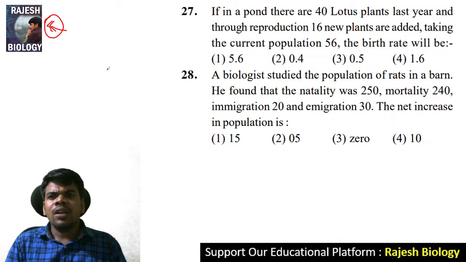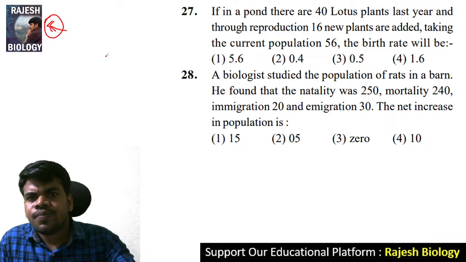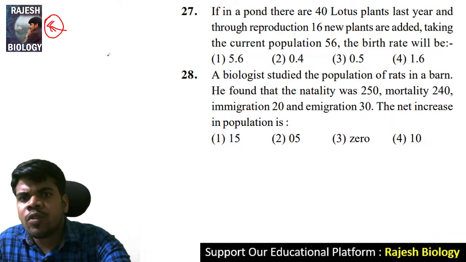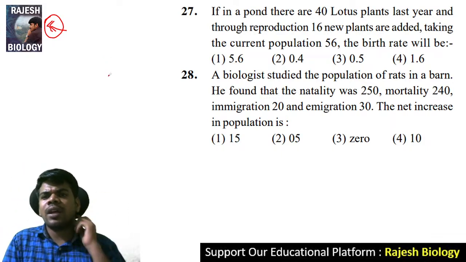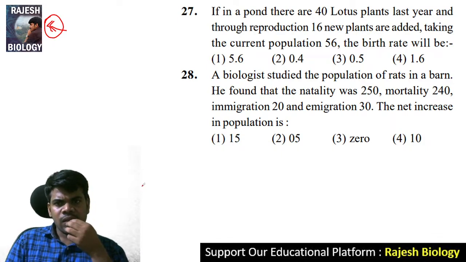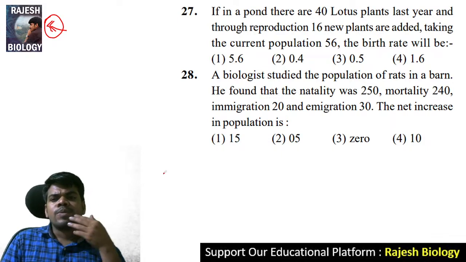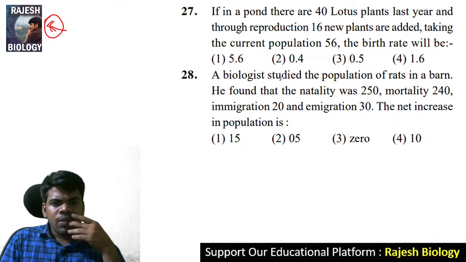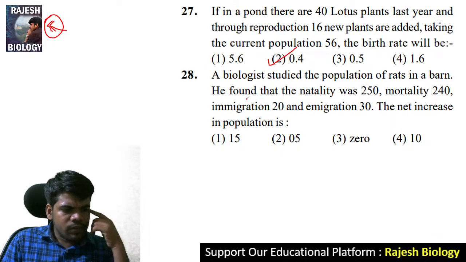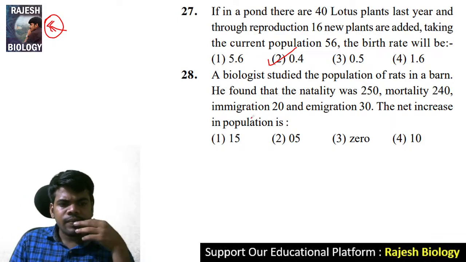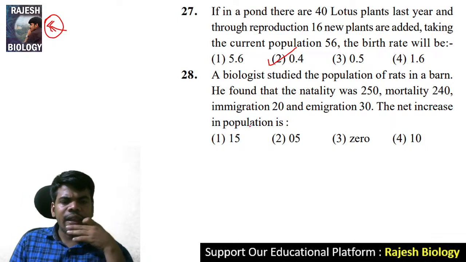Last year 40, and through reproduction 16 new plants are added, 56. Yes, 0.4. Very good. 28. Yeah, Chinnu, correct. 28.